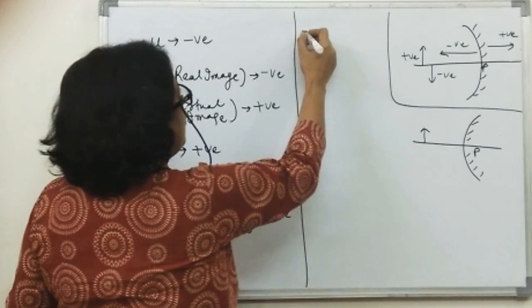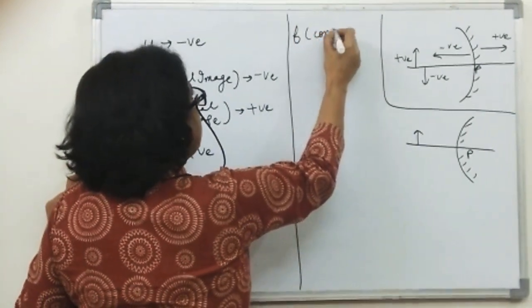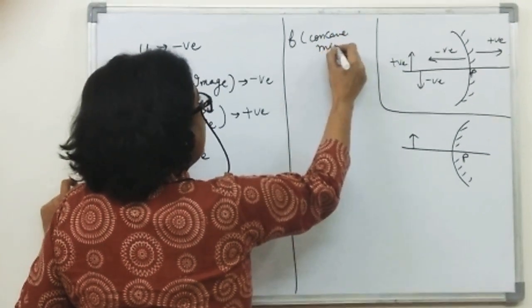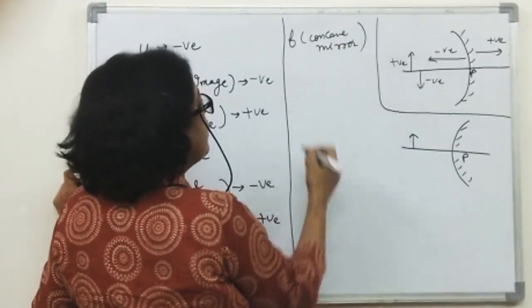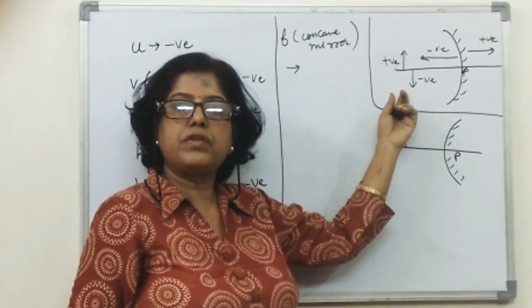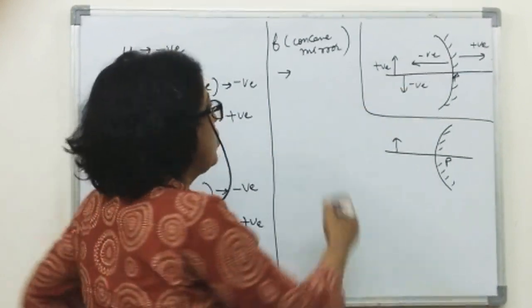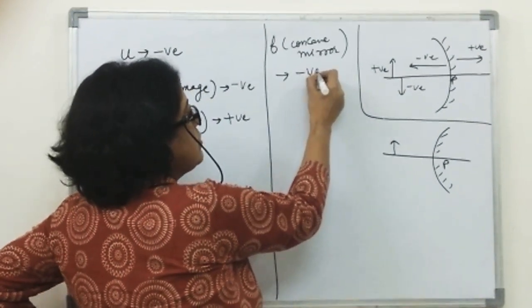Let's talk about focal length of a concave mirror. What will be the sign for focal length of a concave mirror? A concave mirror has a real focus which is in front of the mirror. Focus is somewhere here. You've done the diagram. So focal length of a concave mirror will always be negative.